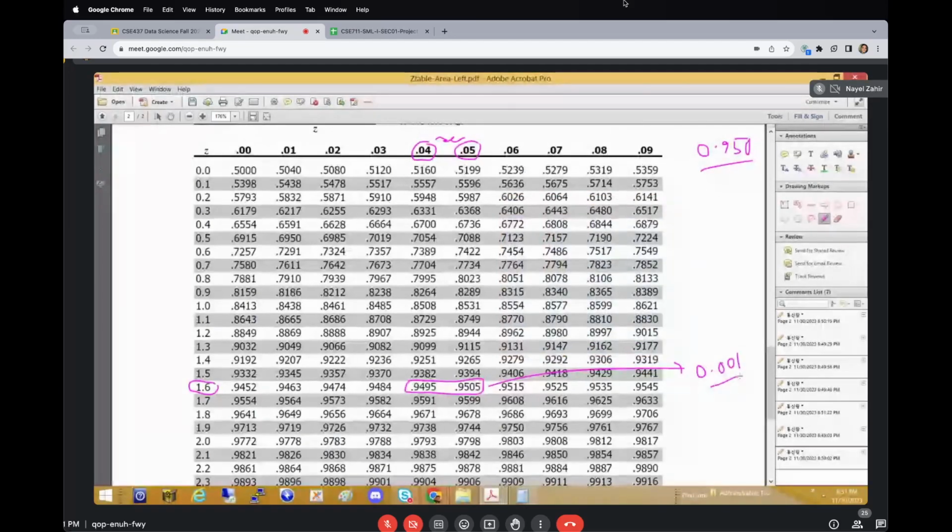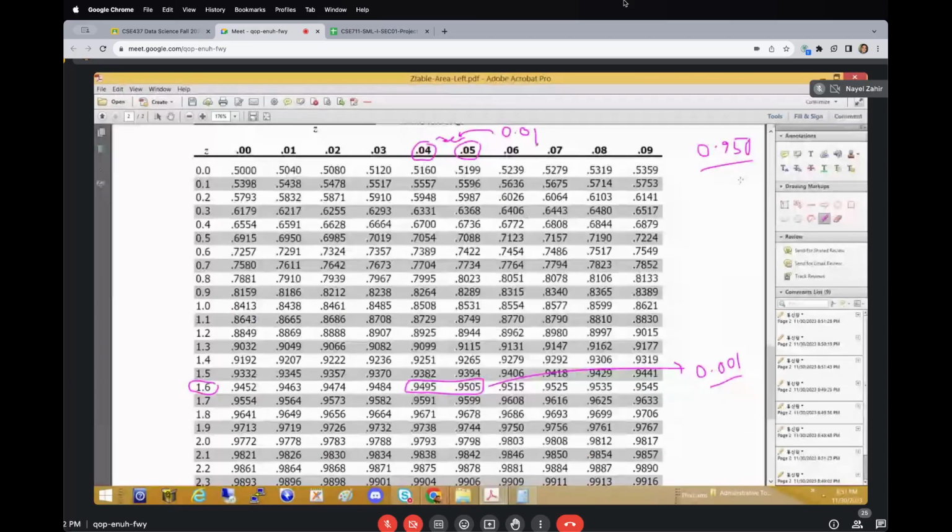And the difference in this case, it is 0.5 and here is 0.5. So 0.5 and 0.4. So the difference in this case is 0.01. But what we need here is 0.95.